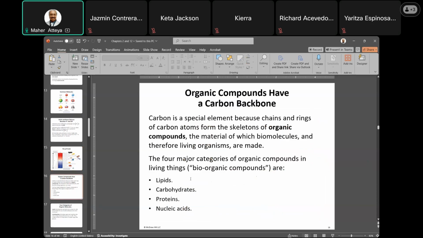Organic compounds have a carbon backbone. Of course, an organic compound is any chemical compound that has carbon and hydrogen. Any combination of carbon and hydrogen will lead to an organic compound. So the basic unit of an organic compound is the presence of carbon and hydrogen.